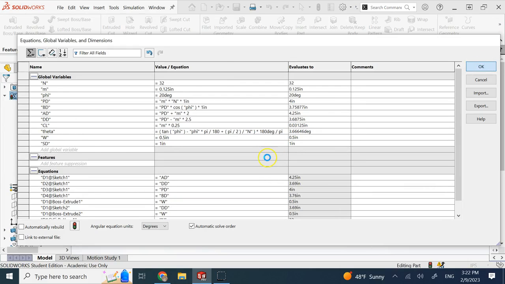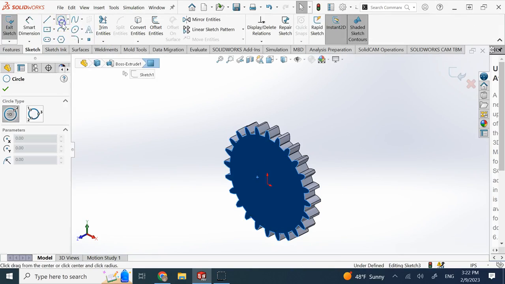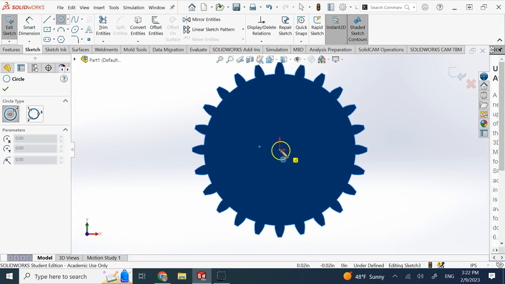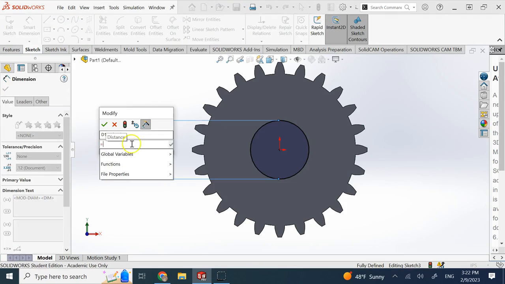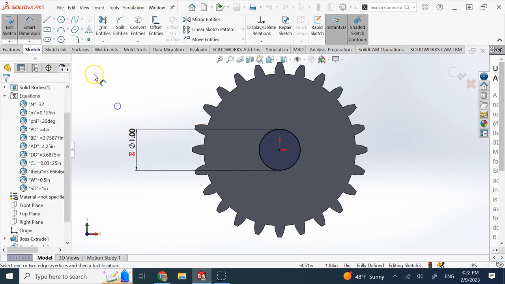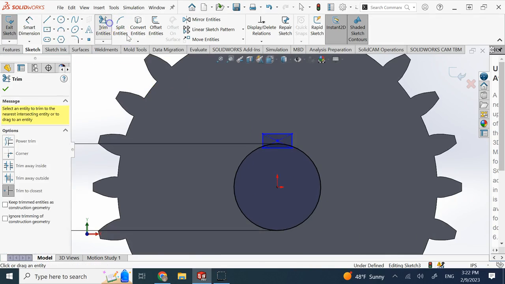Here I go and create my circle and provide the diameter. Then I need to add a keyway if I want to. So let's see if I can add a keyway like this. Then you can trim it.